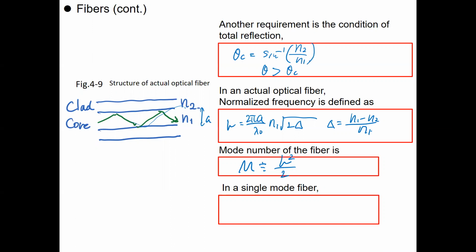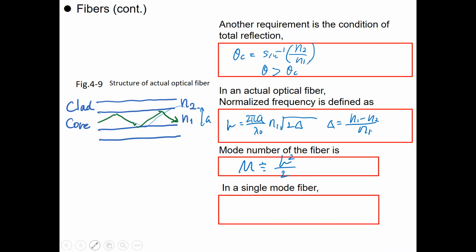So in many scientific purposes, we usually use a single mode fiber, which means only a single type of light angle can propagate in this fiber.